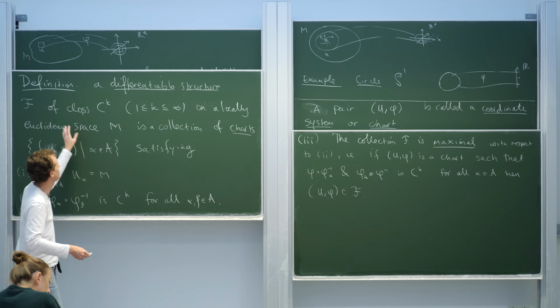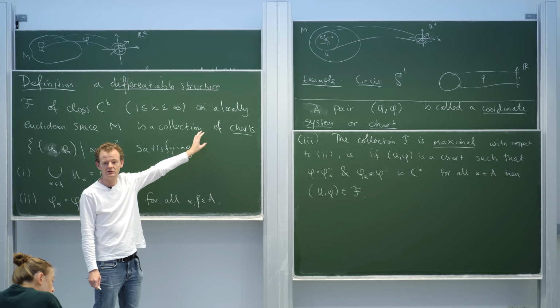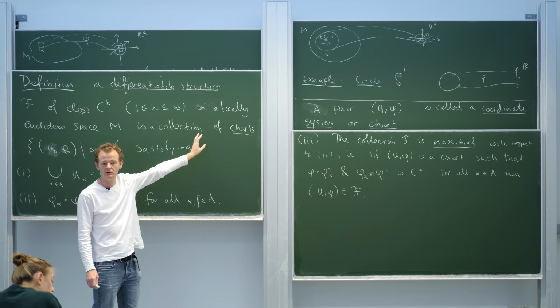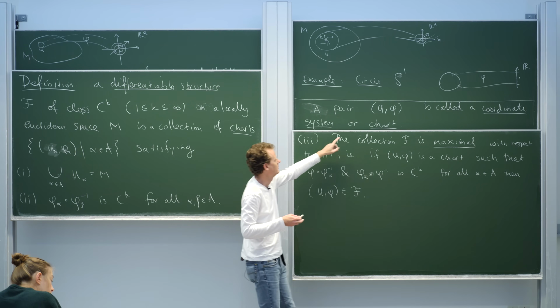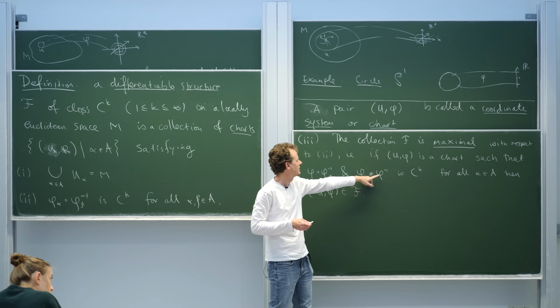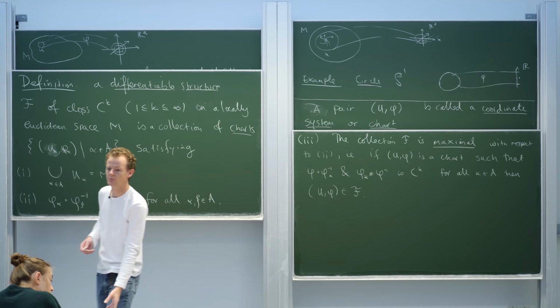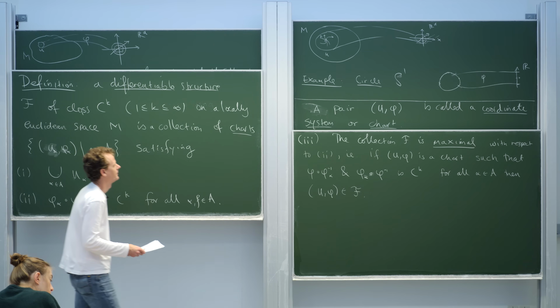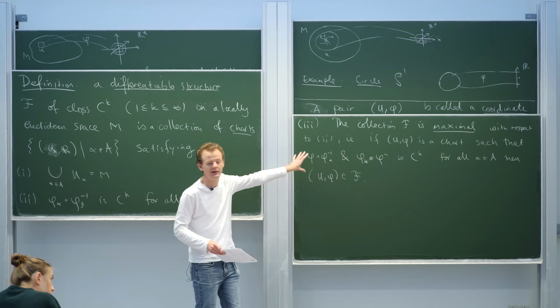Remember, a differentiable structure is a bunch of charts so big that you can't add an additional chart, because it already contains all charts that are compatible to the level of k derivatives. Now we're going to instantly forget this third condition.